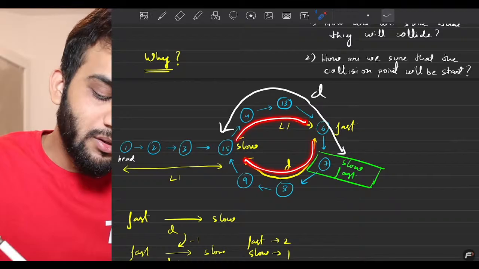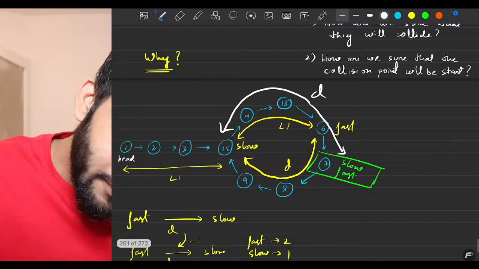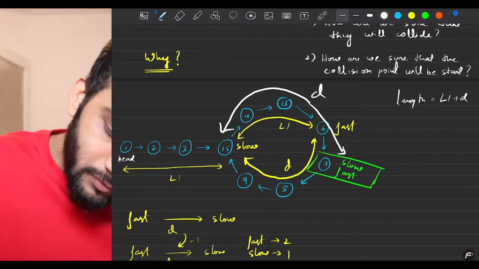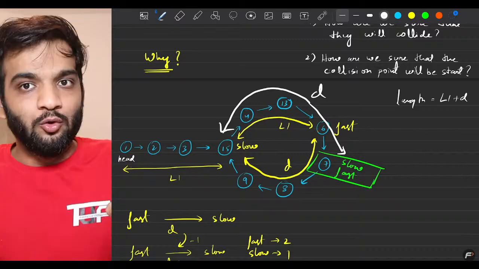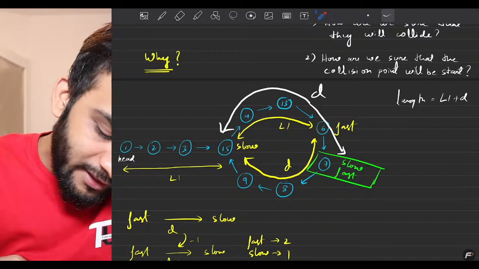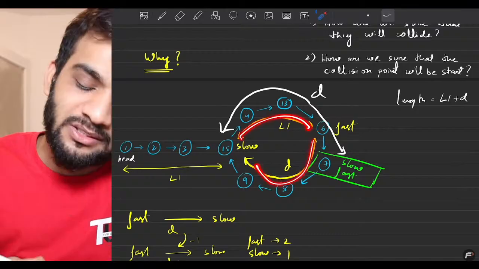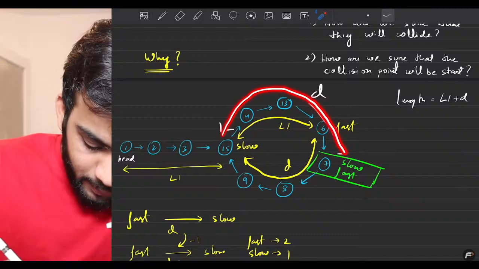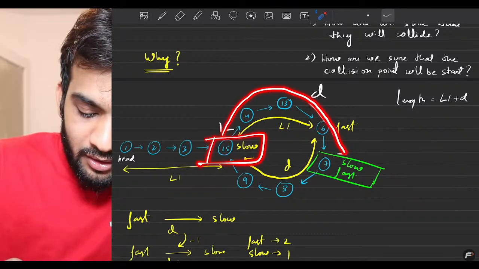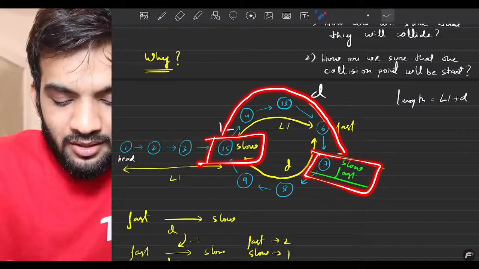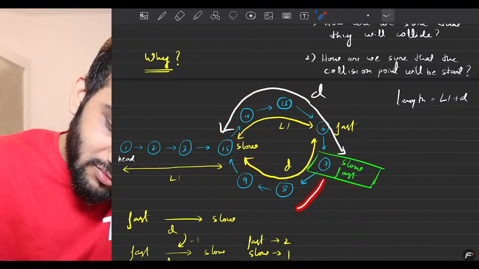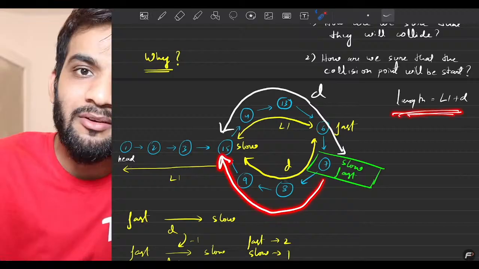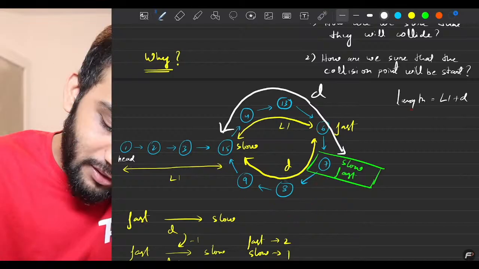L1, D. So can I say the length of the loop is L1 plus D? I can. And if the distance from the collision point is D, what is this distance? It's simple, yaar, L1. Because the length of the loop is L1 plus D.